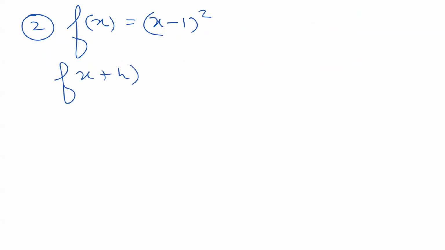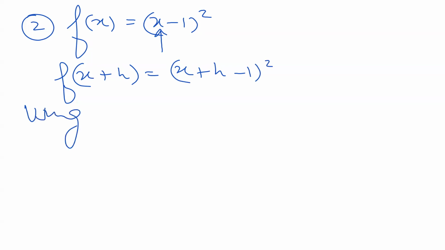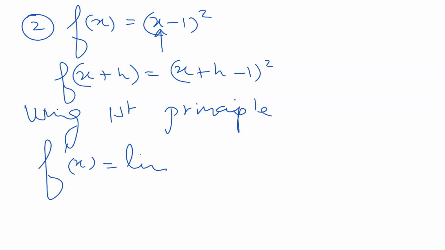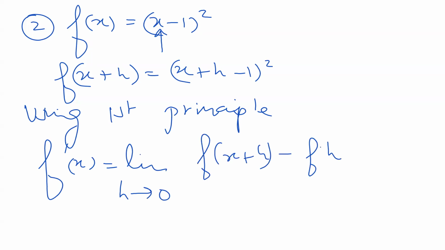Let me take you to the next problem. Question number 2. f of x is equal to x minus 1 the whole square. Find out f of x plus h. So replace this x with x plus h. Using first principle, f dash x is equal to limit h approaching 0, f of x plus h minus f of x upon h.